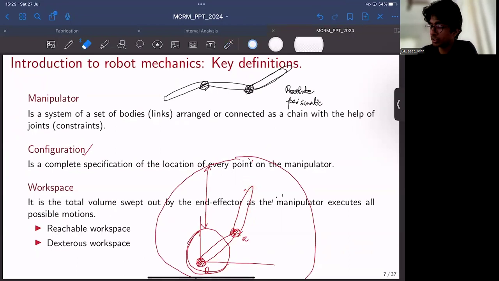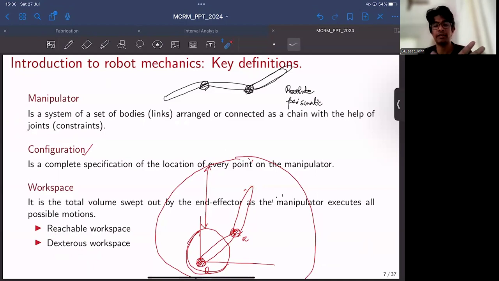And there are two such workspaces over here, the two classifications being a reachable workspace and a dexterous workspace. The reachable workspace is nothing but all the points of the workspace where the robot can reach in any orientation, right? Whereas for the dexterous workspace, it has to be a point where the robot can reach at any arbitrary orientation.